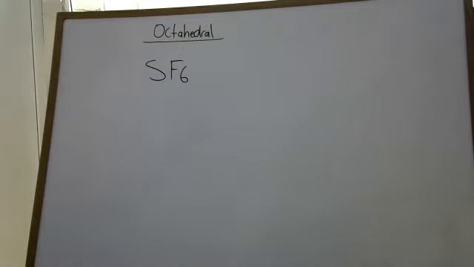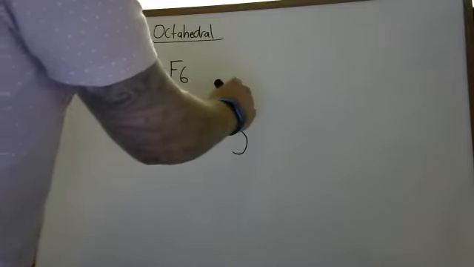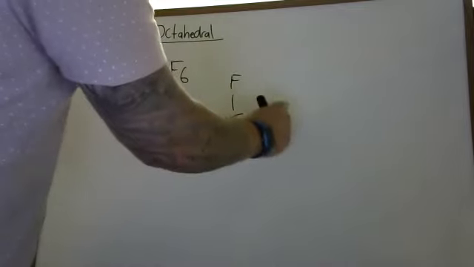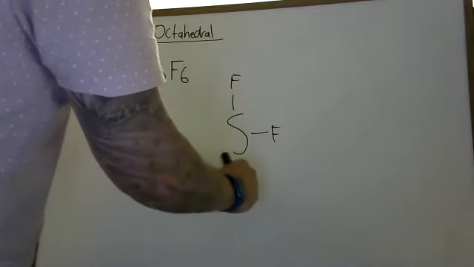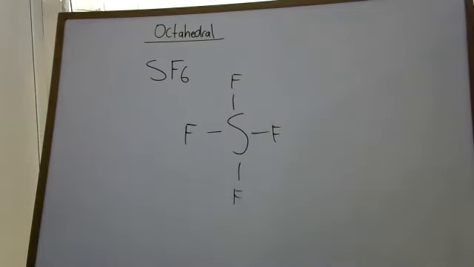Not just a pretty face. So we have sulfur in the middle, and our usual 4 fluorines around the side. Okay. So how do we sort this out?